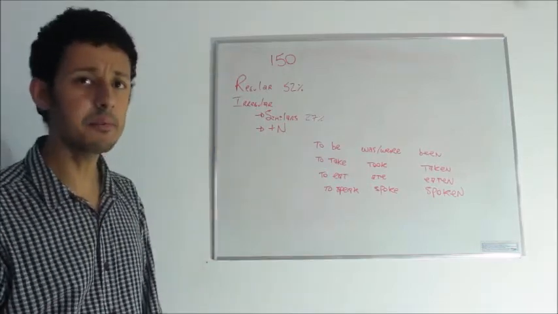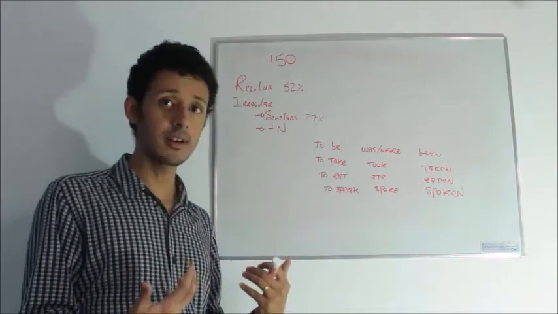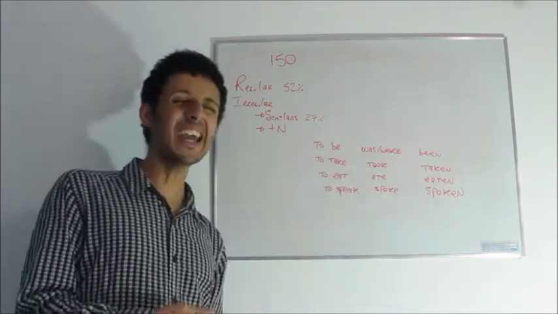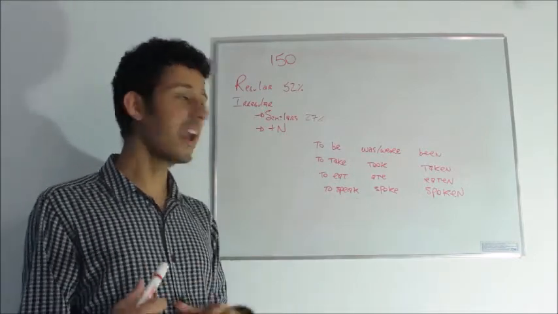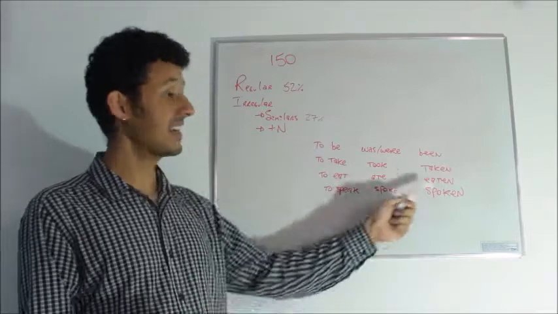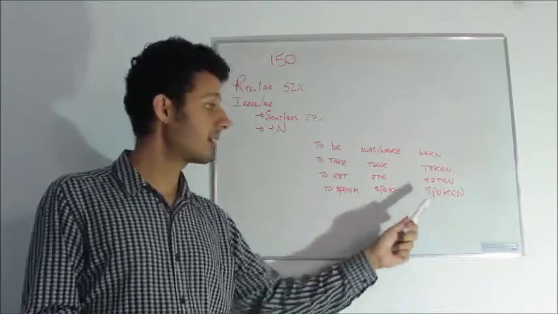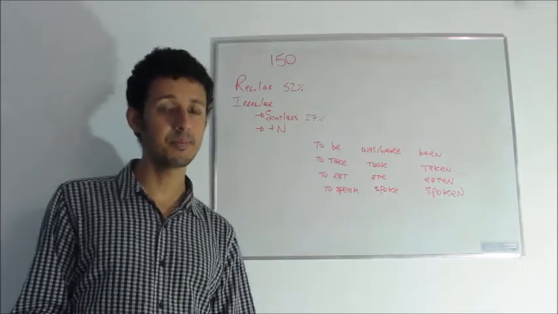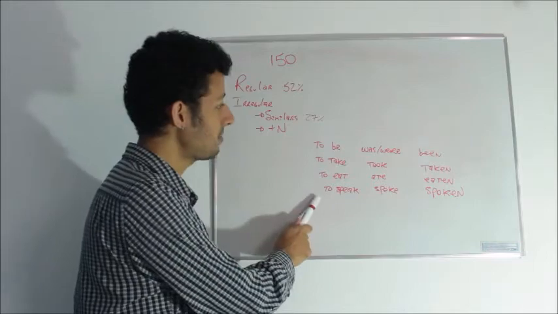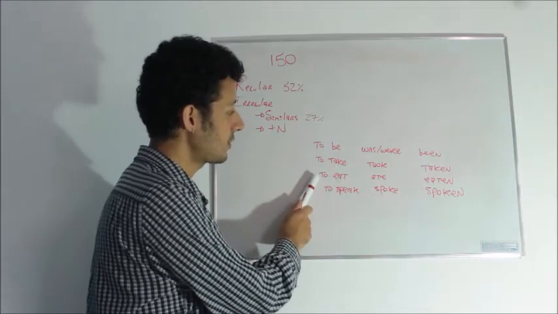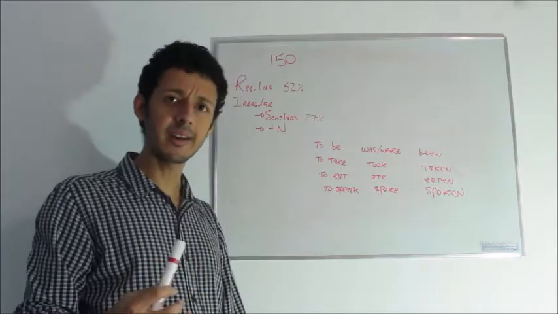The same thing happens with the verb to take. Past tense, took. And participle, taken. To eat, past, ate. Participle, eaten. To speak, past, spoke. Participle, spoken. So, you can see that the verb to speak is a little different from the verbs to eat, to take, and to be. Why?